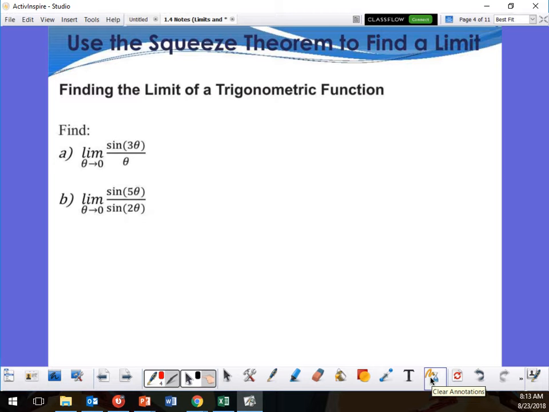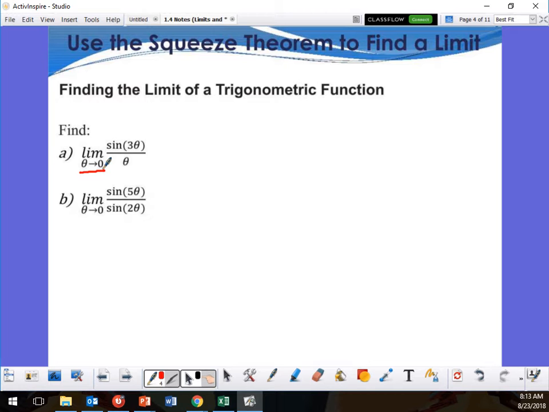Okay, so now this one's going to be something interesting. We know a couple things here. As theta goes to 0, that's basically the same thing as saying x goes to 0. This time theta is my variable, because this is a trig function.